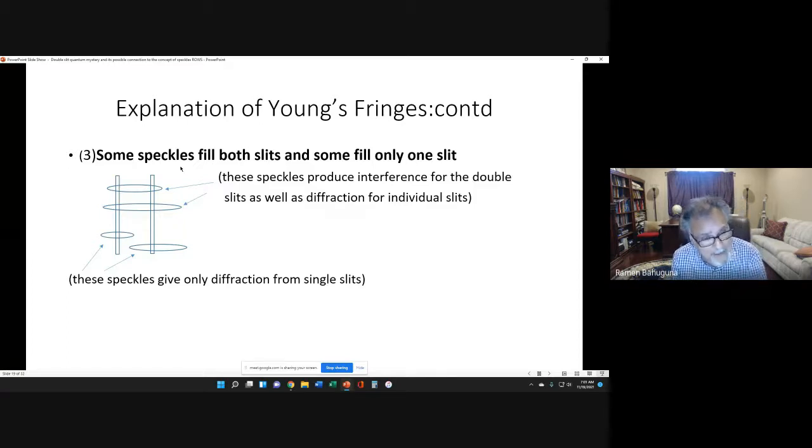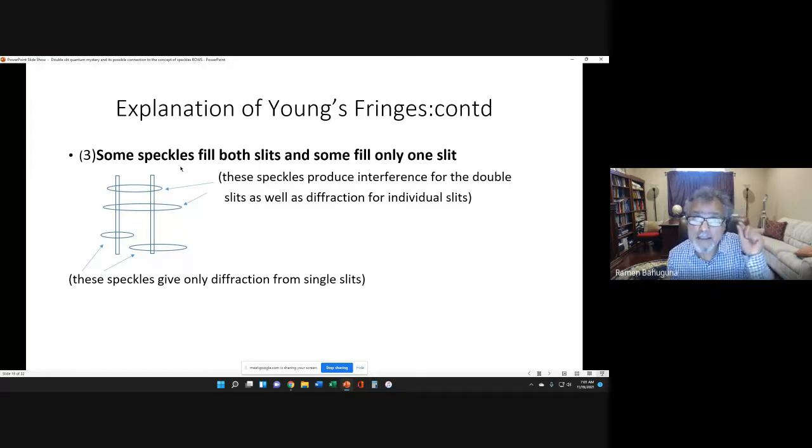The bottom one on the right, which is falling on the second slit, also gives you diffraction. So some are giving you interference as well as diffraction, and the bottom two are giving only diffraction. The ones giving only diffraction will reduce the contrast of the Young's pattern. So it will not be a very good contrast.